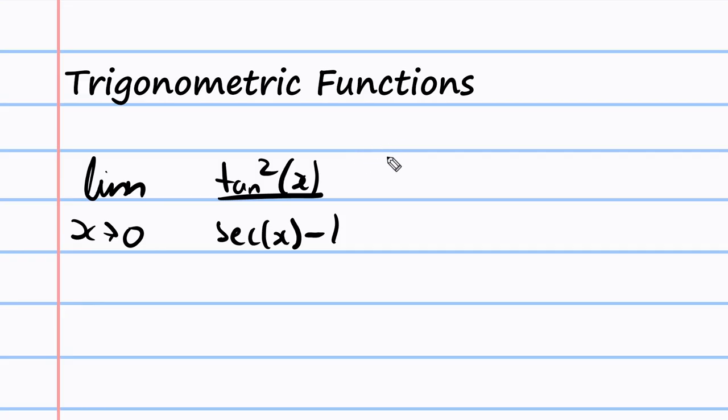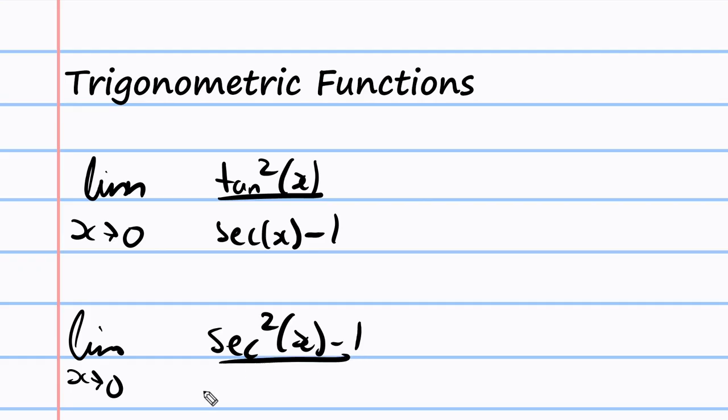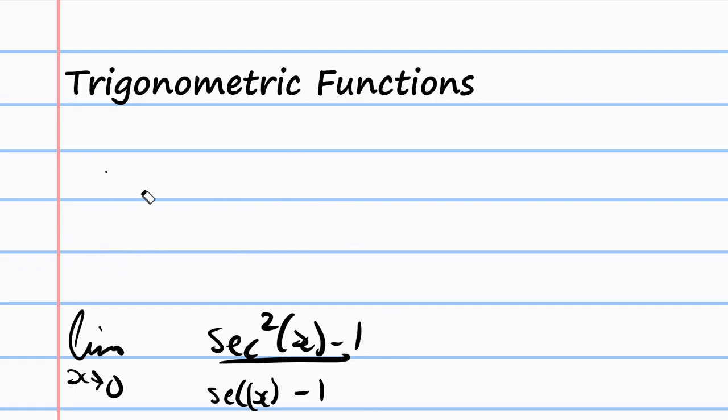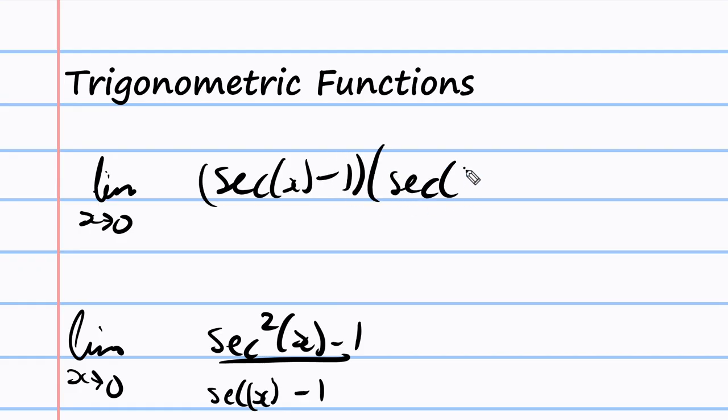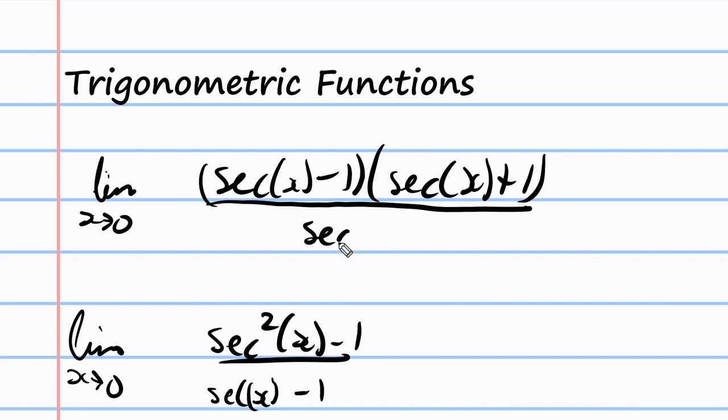So now we can use our Pythagorean identities. The limit as x approaches 0 of secant squared x minus 1 divided by secant x minus 1. Okay? We can use our difference of squares rule to rewrite the numerator: the limit as x approaches 0 of secant x minus 1 multiplied by secant x plus 1, divided by secant x minus 1.